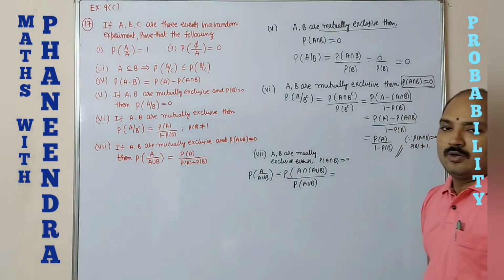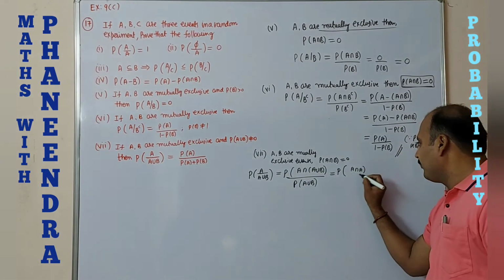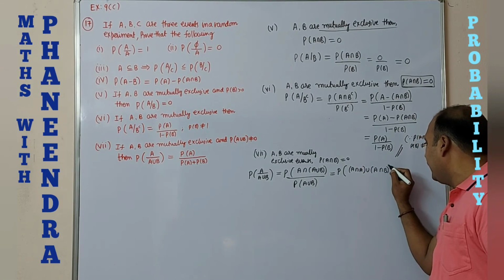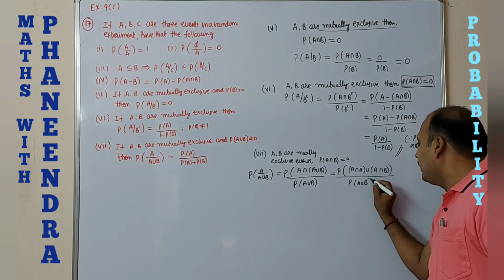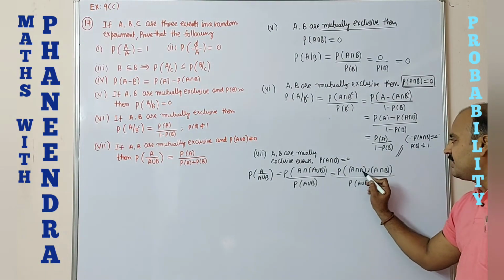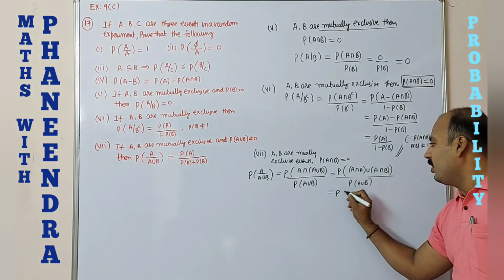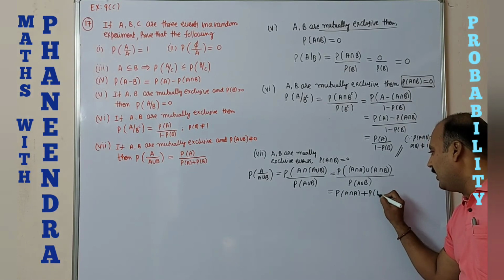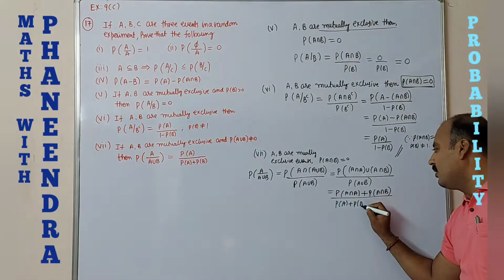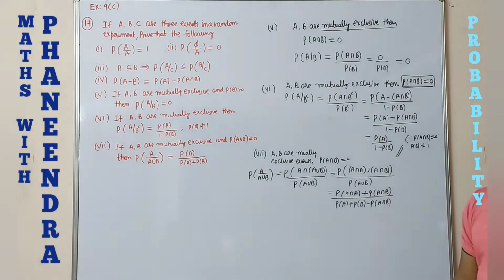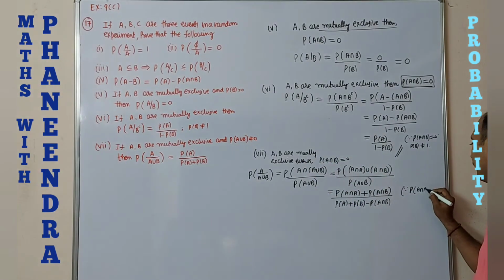which is equal to, by De Morgan laws, if you apply here, probability of A intersection A union A intersection B whole divided by P of A union B. Again, by using the axiom of unity in probability, P of A intersection A plus P of A intersection B by P of A union B, which can be written as P of A plus P of B minus P of A intersection B. Since the events are mutually exclusive, P of A intersection B goes to be 0.